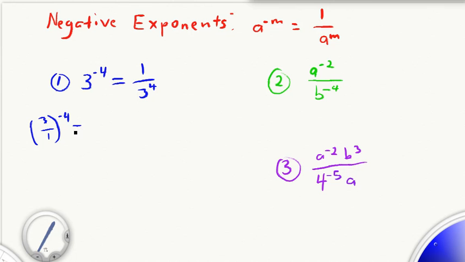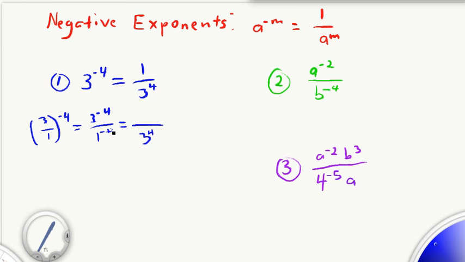And if we do the power of quotients, that's going to give us 3 to the negative fourth over 1 to the negative fourth. And so what's going to happen is what's on top is going to go to the bottom, and what's on the bottom is going to go to the top because they both have the negative exponents. All right, so this 3 to the negative fourth on top is going to be switched down to the bottom as 3 to the positive fourth.